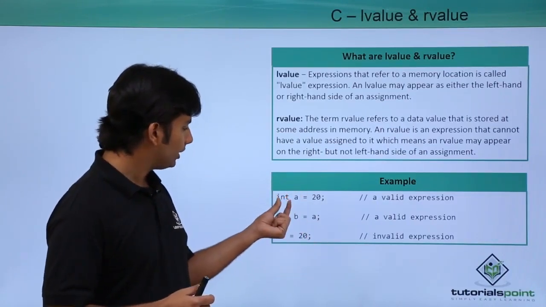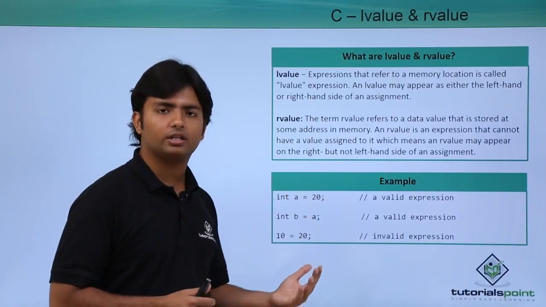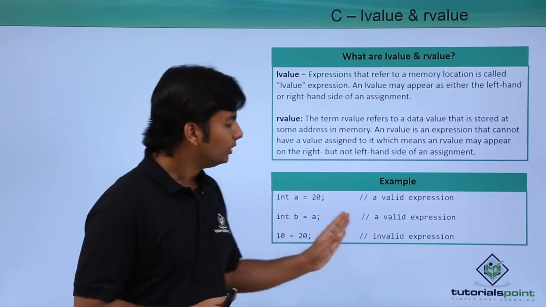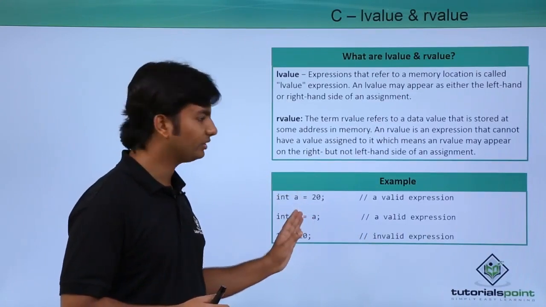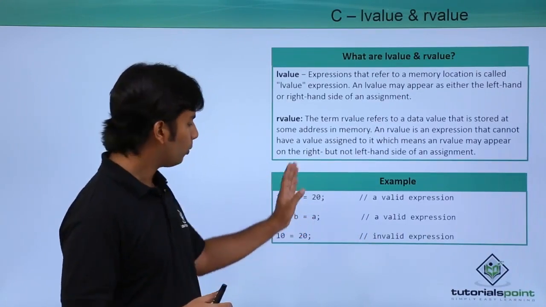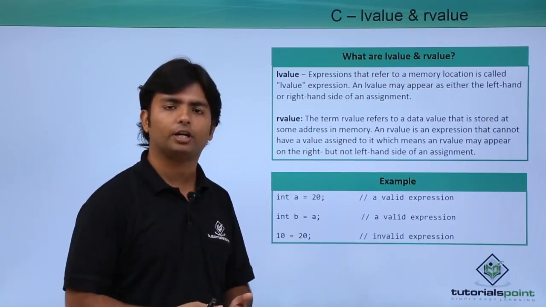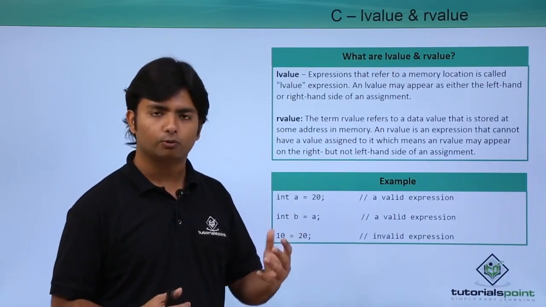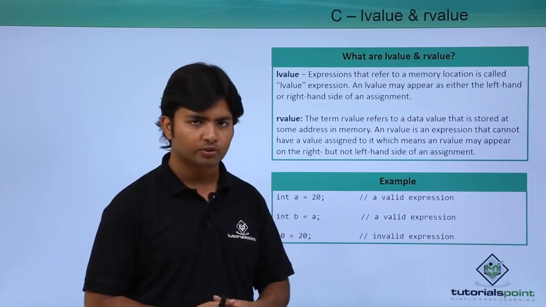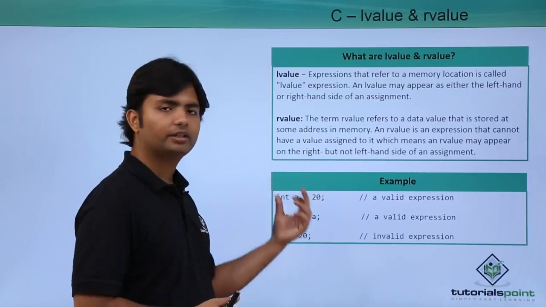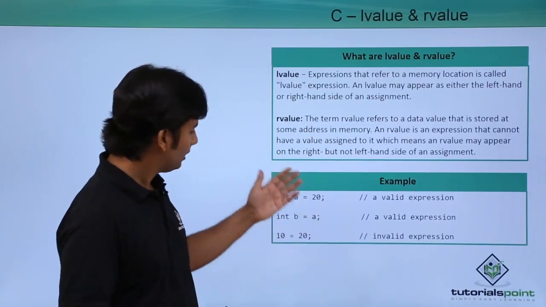As you can see here, a is equal to 20: this is the Lvalue and this is the Rvalue. On the left hand side we only have a variable, while on the right hand side we can have a constant, a variable, or an expression which evaluates to a value. Ultimately the value will go to the left hand side, so make sure it is a variable.